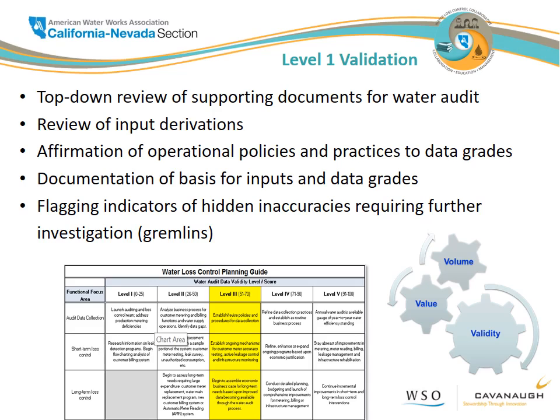One of the key outcomes of the Level 1 validation is to identify if there are any indicators of underlying issues with data accuracy, or perhaps some embedded inaccuracies that aren't necessarily evident on the surface, but there may be some indication of them buried deeper. And so we'll affectionately refer to those as gremlins as we roll through and learn more about this process.